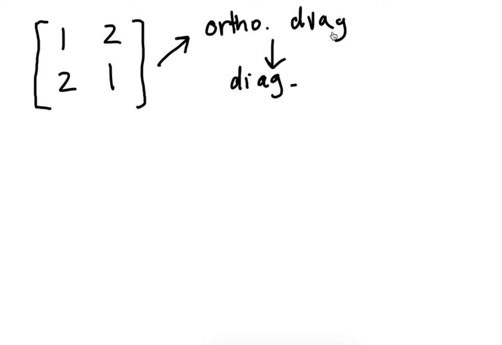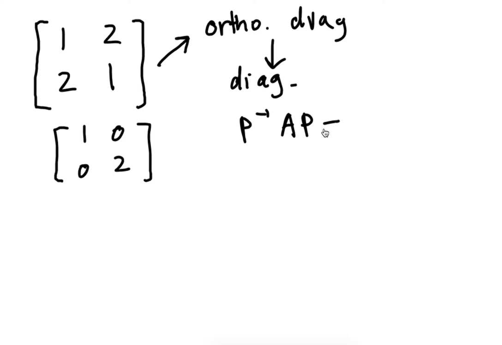And one other quick thing I'll mention is that this is sort of intuitive from the name. If you have a diagonal matrix, it's diagonalizable. The reason for that is you have the equation P inverse A P equals D, and all you can do is set P equal to the identity.